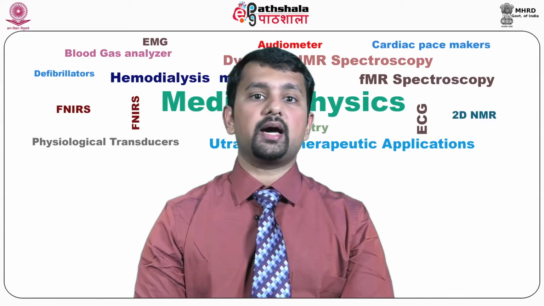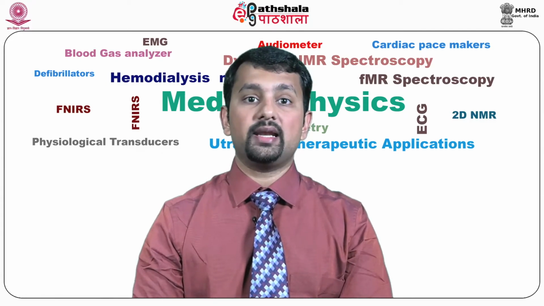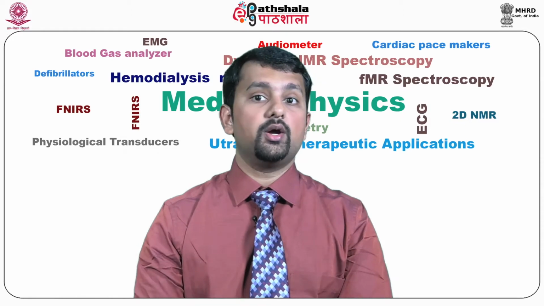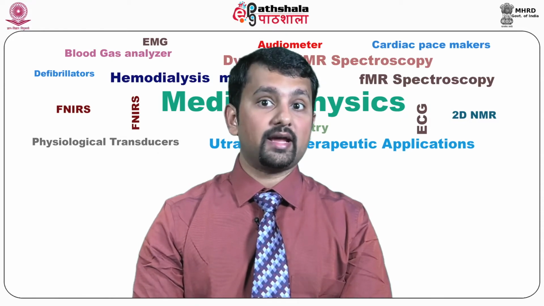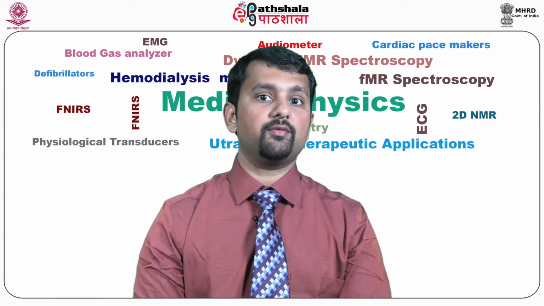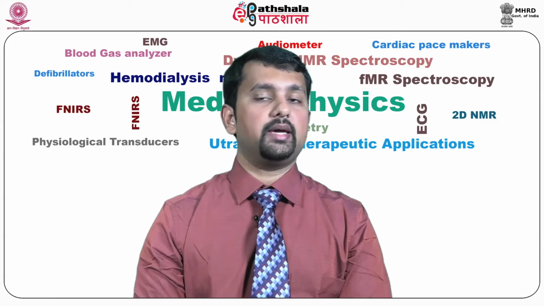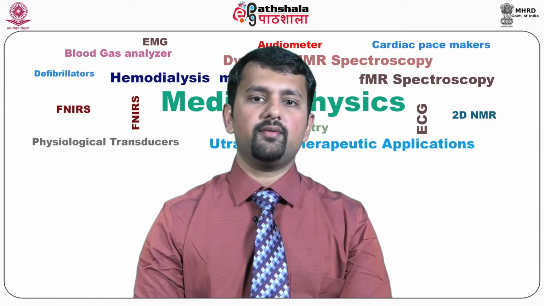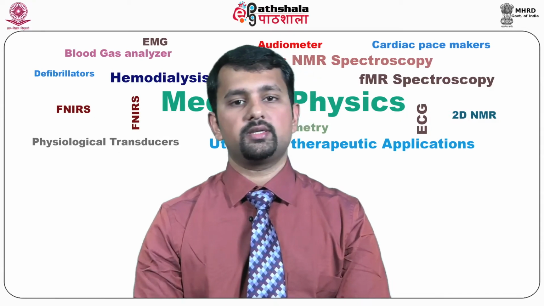The total lipids are calculated as a percentage relative to water by summing the individual resonance peaks to obtain the total hepatic triglyceride peak area, then dividing this value by the sum of the total lipid and water peak areas. Now, let us look at the role in evaluation of focal liver disease.